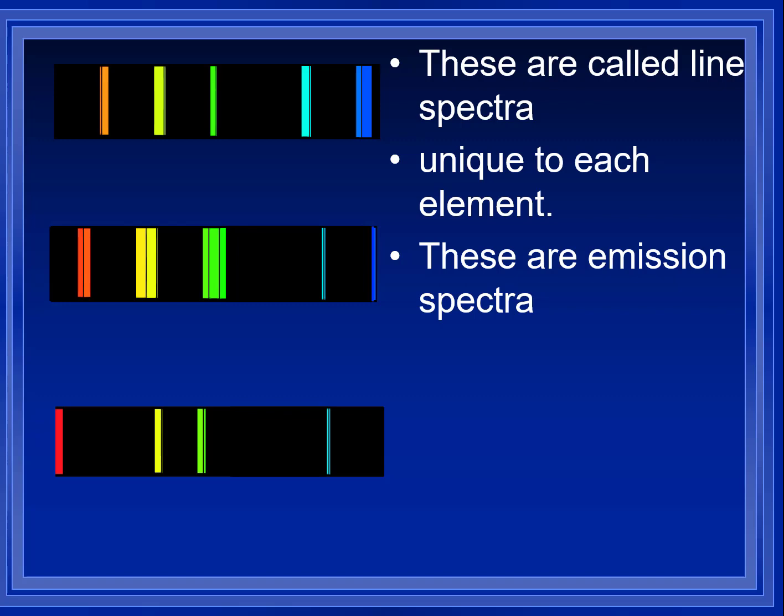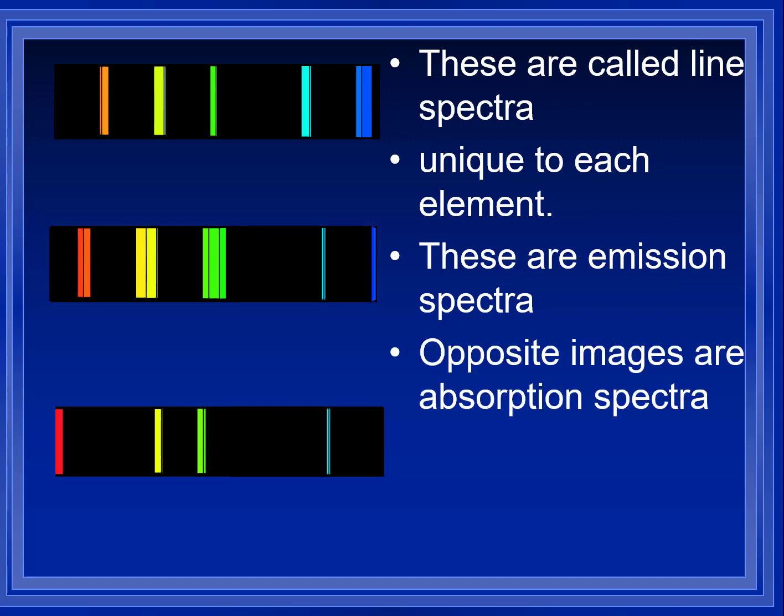Okay. Now, if you take those same gases and shine light through them and separate it with a diffraction grating, just like I did with the food coloring, if you do that with the individual elements, they're going to make an absorption spectrum. And the absorption spectrum is going to be the exact opposite of the emission spectrum. What do I mean by exact opposite? Everywhere it's black, you'll see the rainbow.